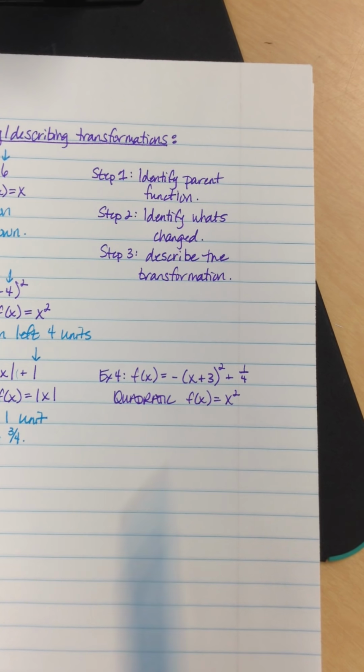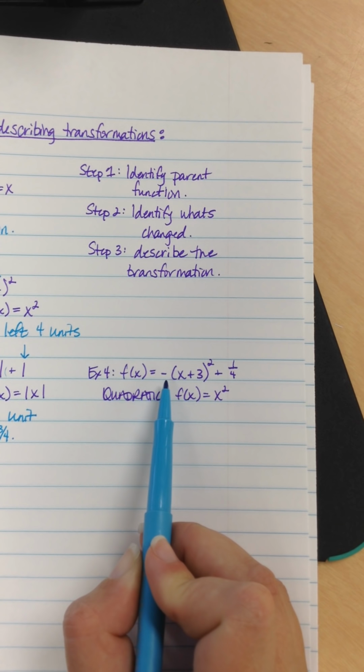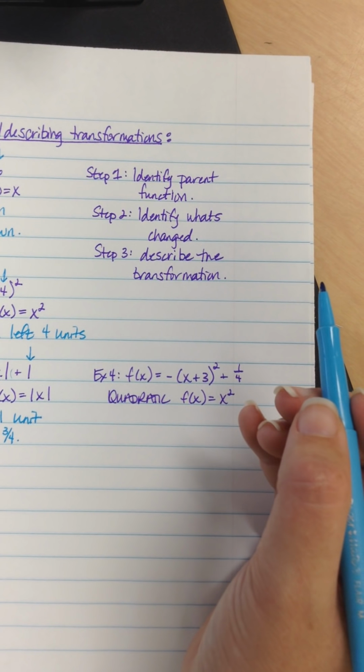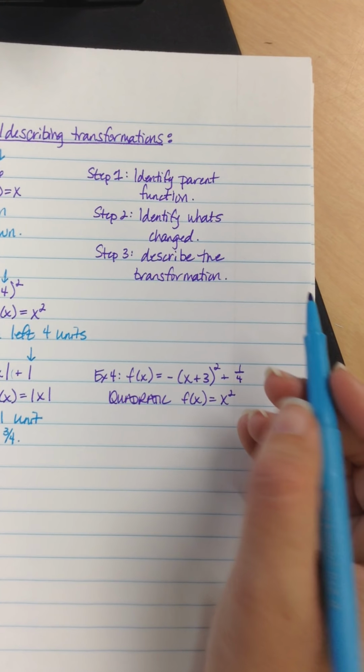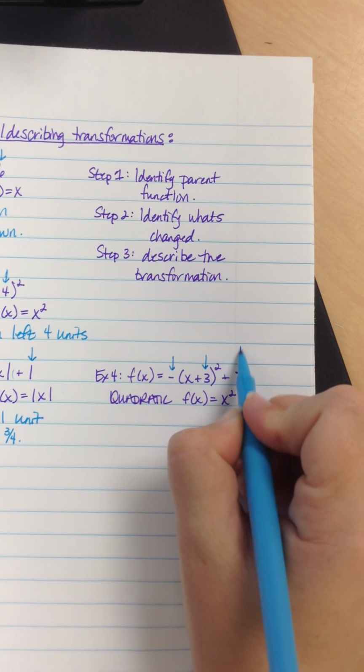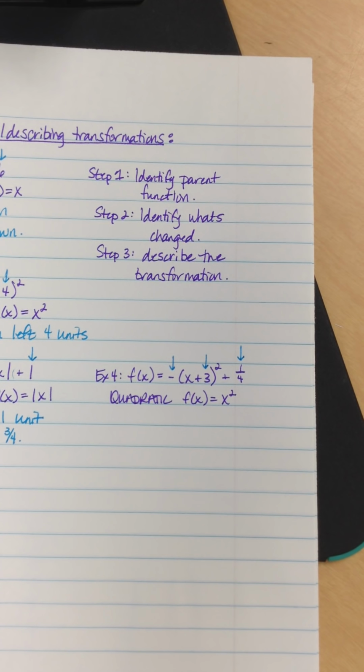We started with just x squared, and now we have (x plus 3) squared plus the 1/4. Also that negative out in front, I just missed that. Anything that has changed or anything that's new, that negative is new. The positive 3, that wasn't there to begin with. Neither was this 1/4. Now I have 3 transformations, all of which have to be described.